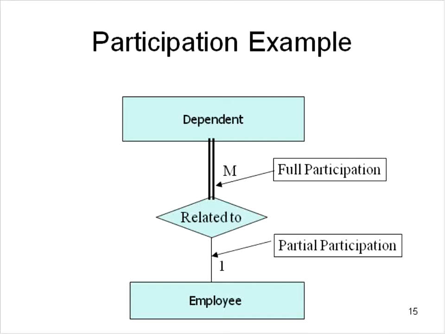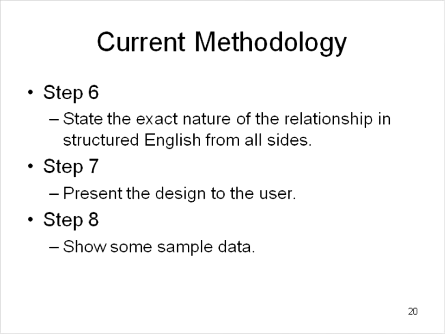An employee may or may not have many dependents. A dependent must have an employee related to it. So the relationships have to go from both sides. The cardinality: one employee may have many dependents. Many dependents must belong to one employee. So both the participation and the cardinality have to be stated from both sides. That's why, if you notice on step 6, it says, state the exact nature of the relationship in structured English from all sides.